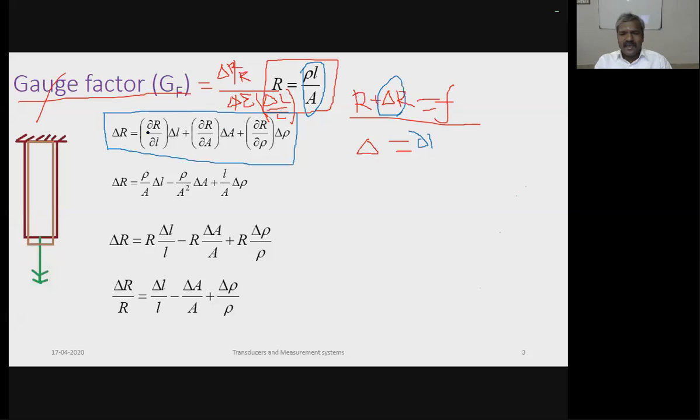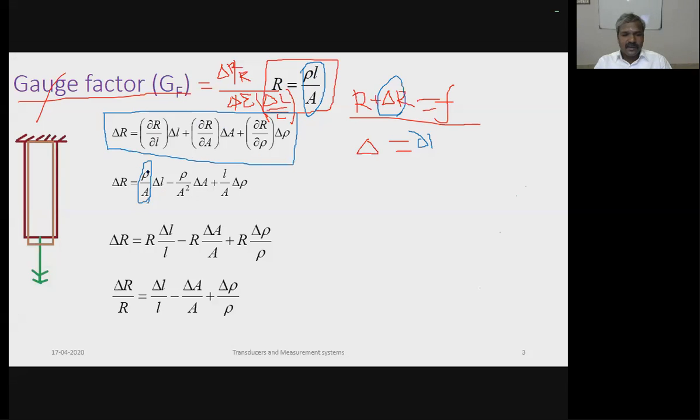If you partially differentiate this expression with respect to L, keeping rho by A constant, we get only dou L, since rho by A is constant.